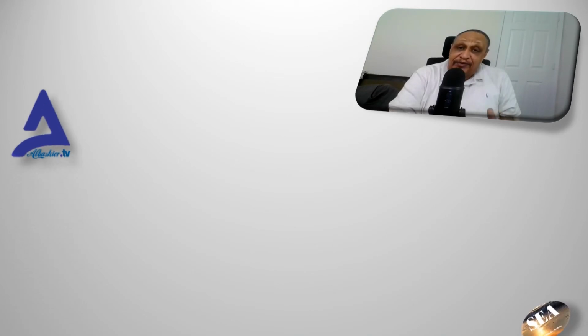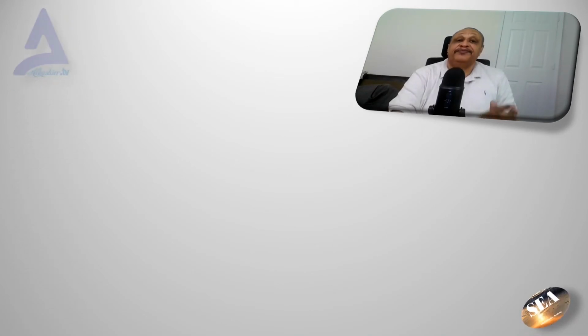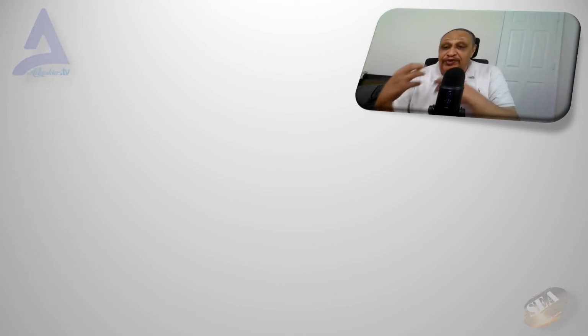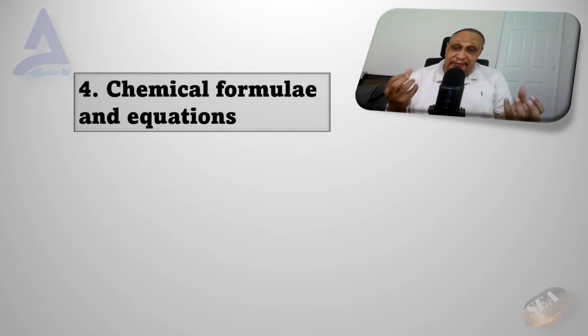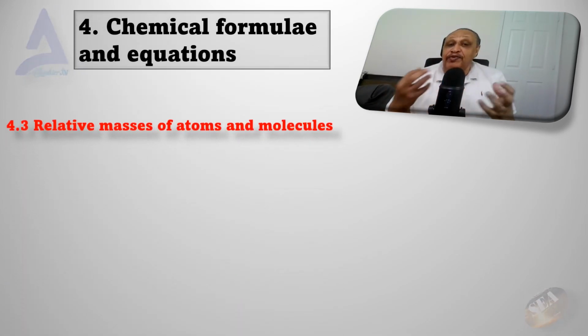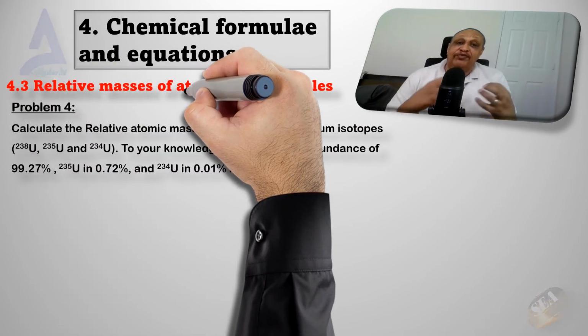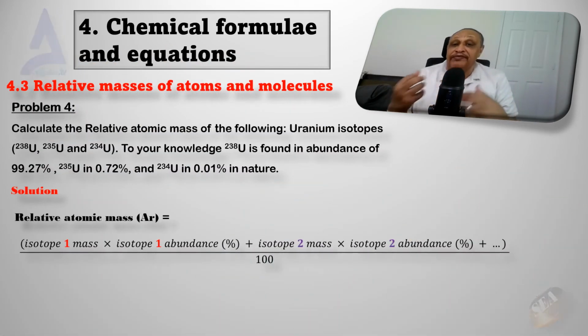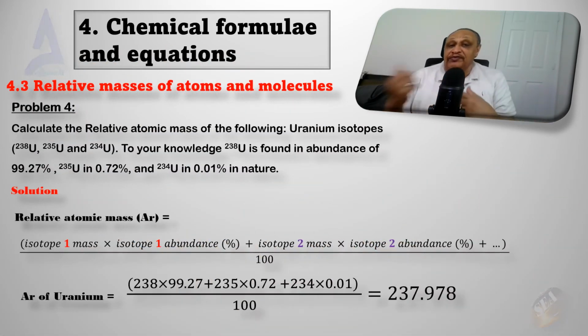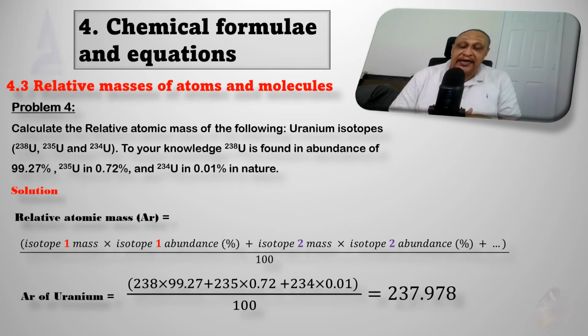Another example of an atom with 3 isotopes is uranium, and we would like to solve the problem the same way that we solved the magnesium problem. So calculate the relative atomic mass of the following uranium isotopes.